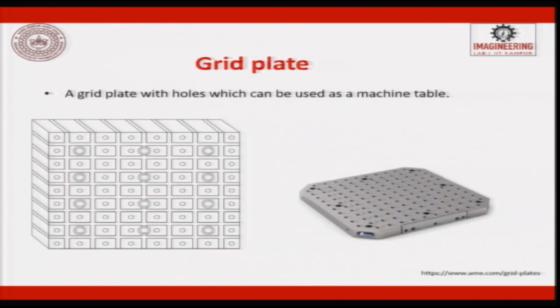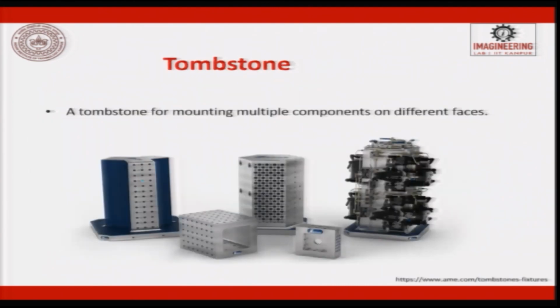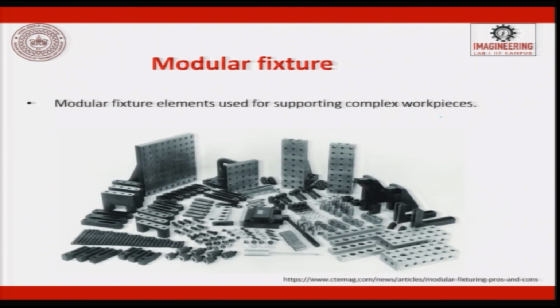You can also have a drum type tool magazine, as used in CNC machines. These are the grid plates which I have already discussed in the pallets: grid plates with holes which can be used as a machine table. You can also have a tombstone, which is mounted on top of a table, so different faces can be used for machining.